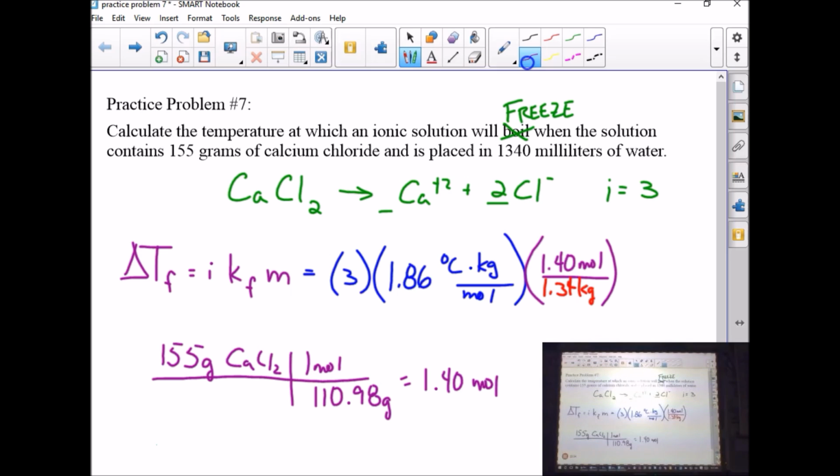And then, when we plug all that in, 5.83. I'm going to use the number that I found here.